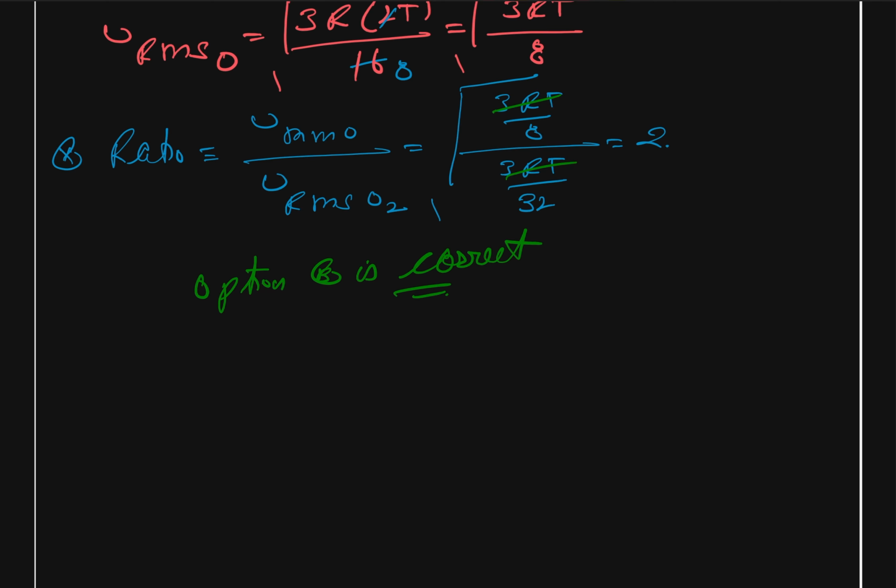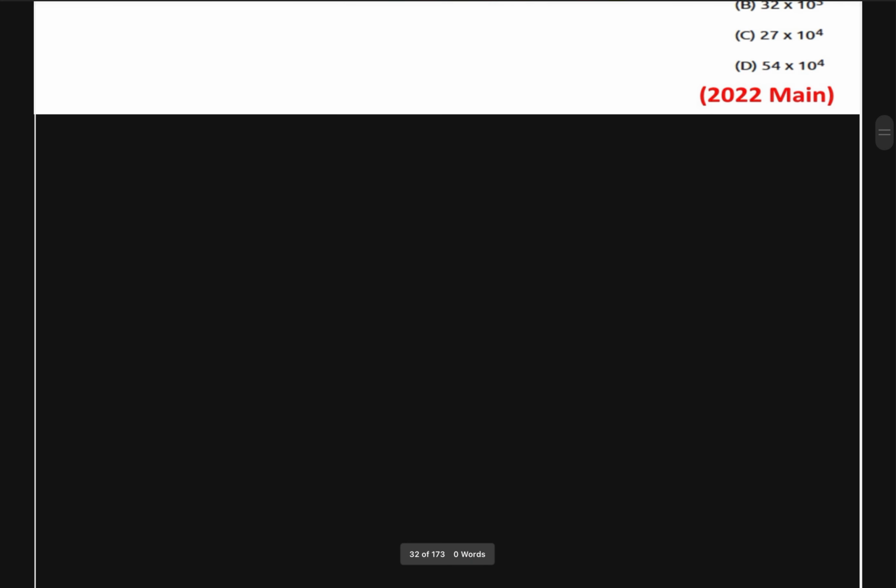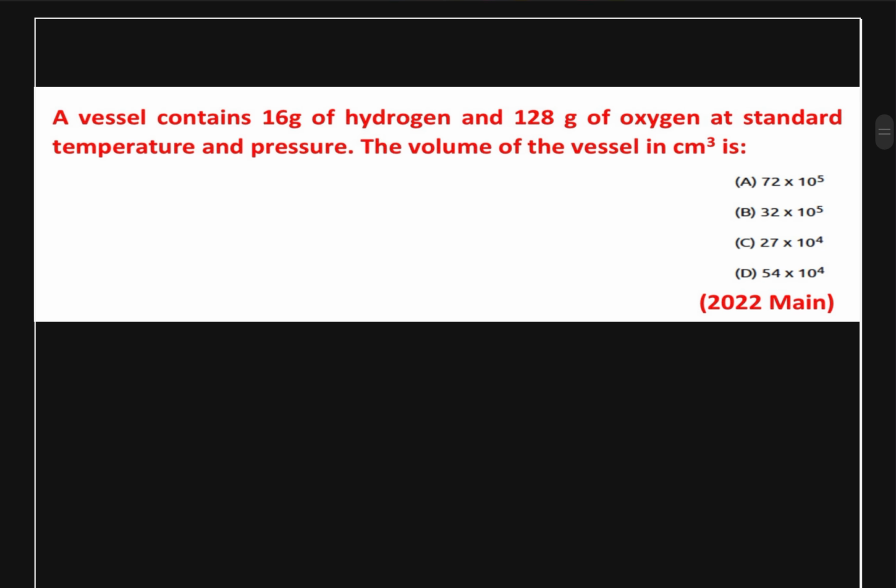Next question. It states that a vessel containing 16 gram of hydrogen and 128 gram of oxygen at standard temperature and pressure, the volume of the vessel in centimeter cube is. So we have our STP and need to find out its volume.